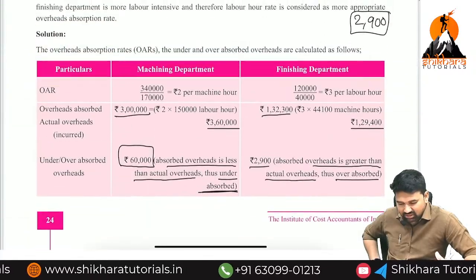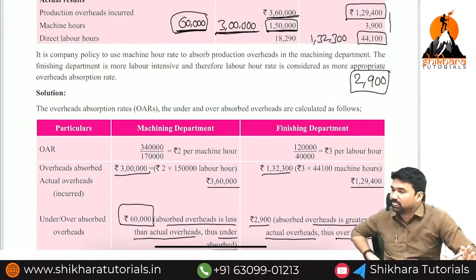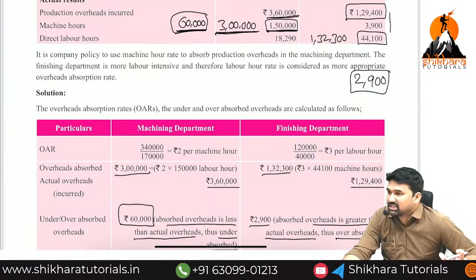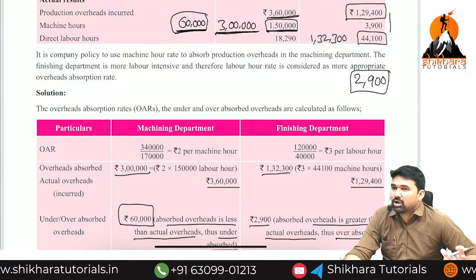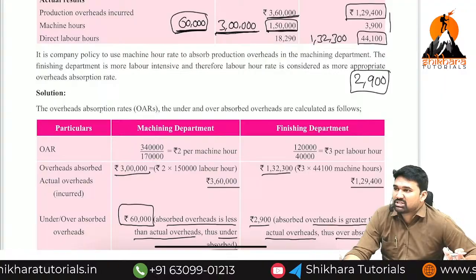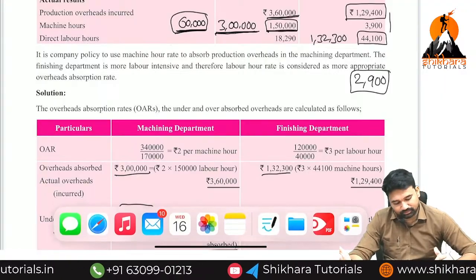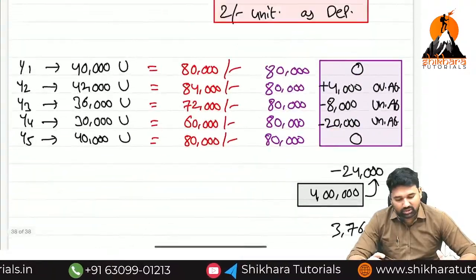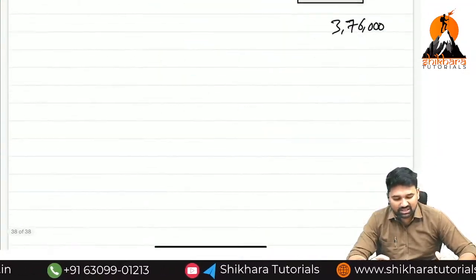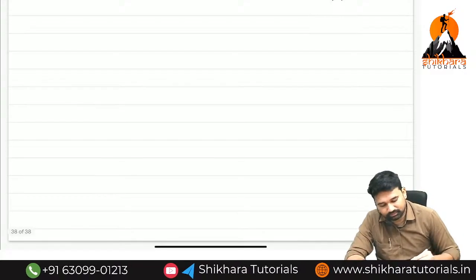This is the discussion with respect to cost allocation, cost apportionment, cost absorption. In cost absorption, under absorption is there, over absorption is there. So in order to summarize our entire discussion, what we have learned today?